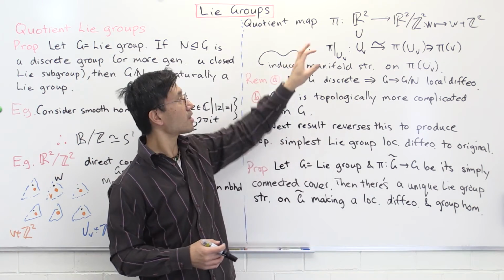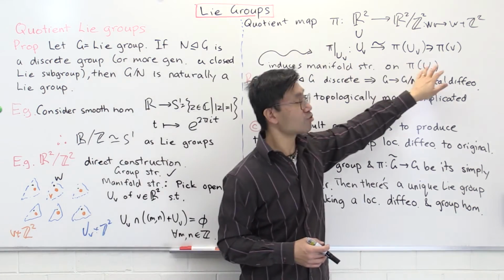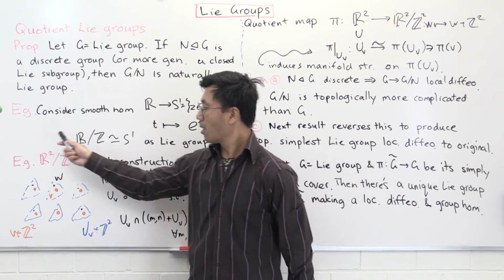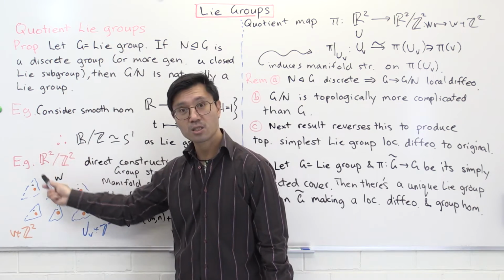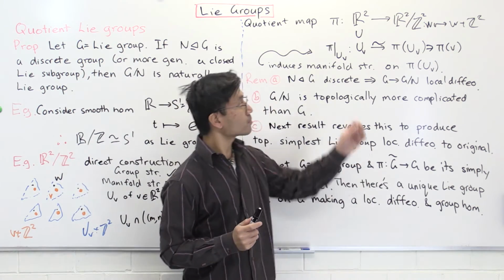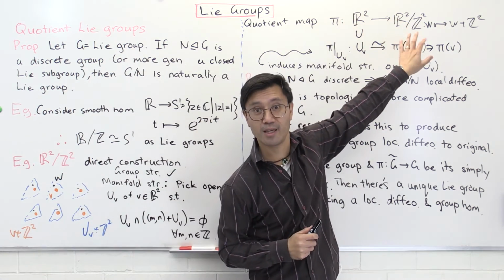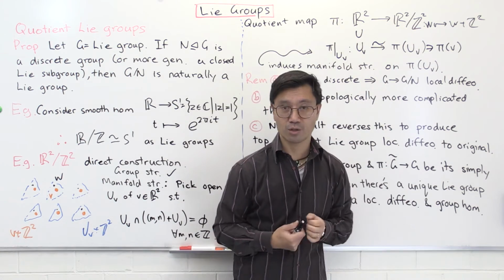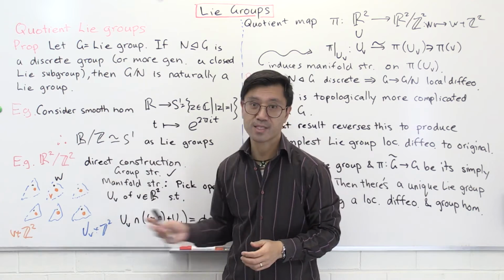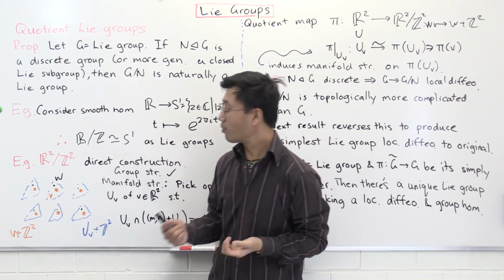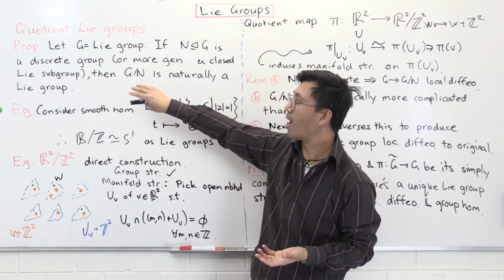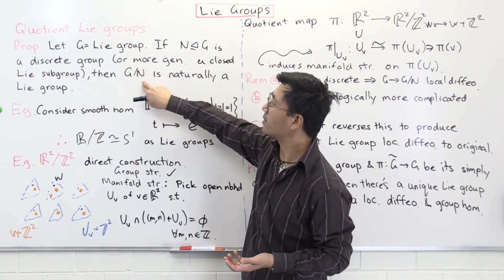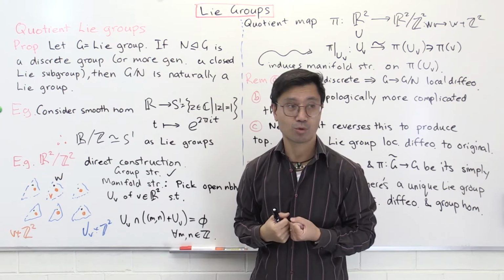It turns out that this not only defines a manifold structure here, but I hope you can also see that since the group, in this case addition, is smooth and the negative is smooth, the same will be true over here. That's a fairly elementary exercise once you know how this theory works. So that shows you the general principle of how you construct the Lie group structure on a quotient, at least when that normal subgroup is a discrete subgroup.